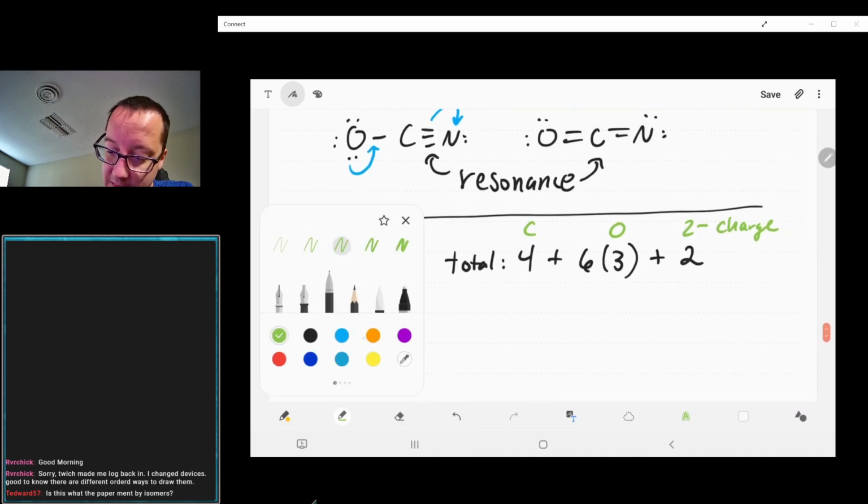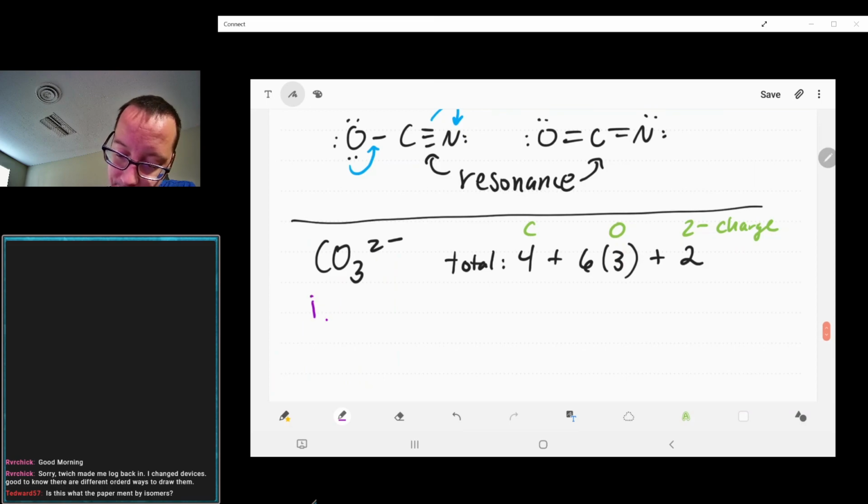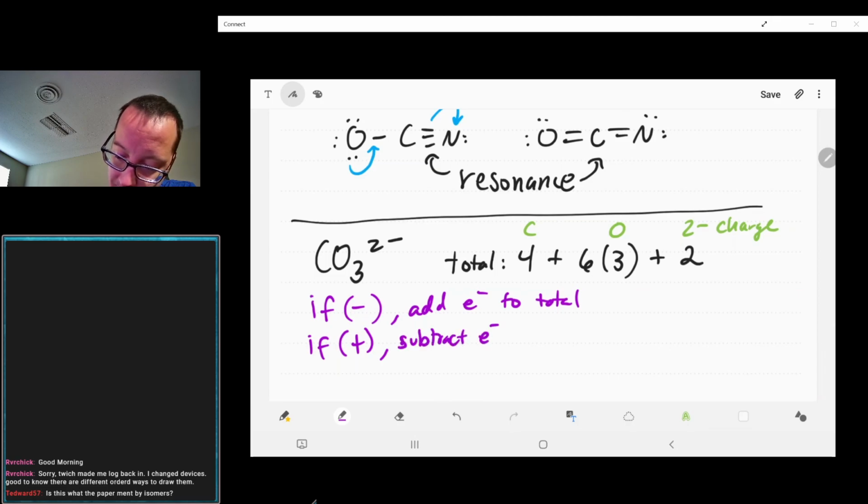So let me just write that down. If something is positive, you would subtract. And of course, you would use the number of electrons to make it work. This is a 2- charge, so we need 2 electrons.